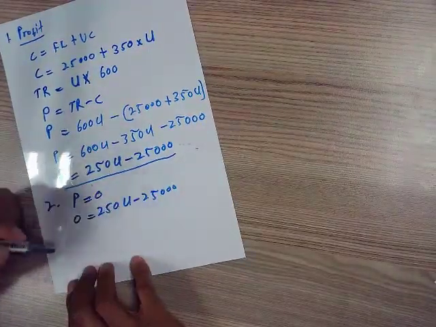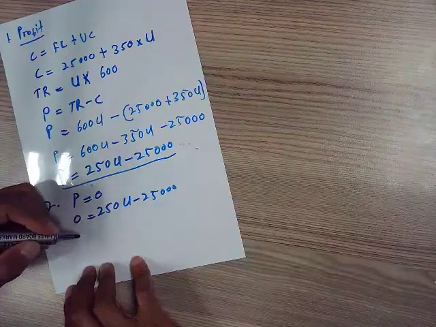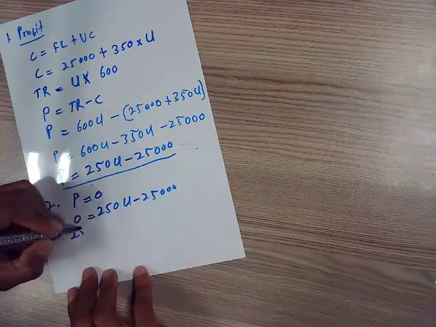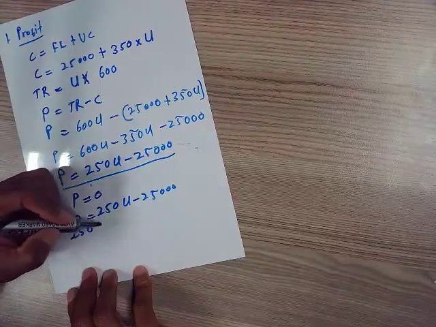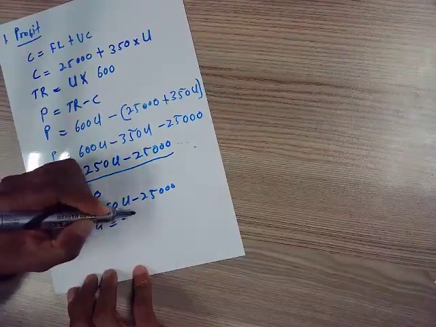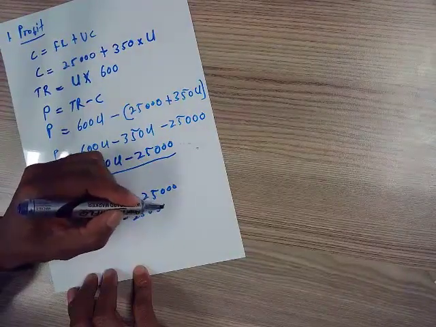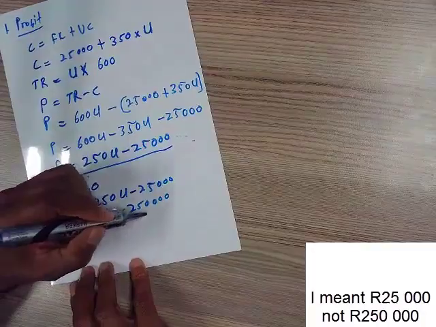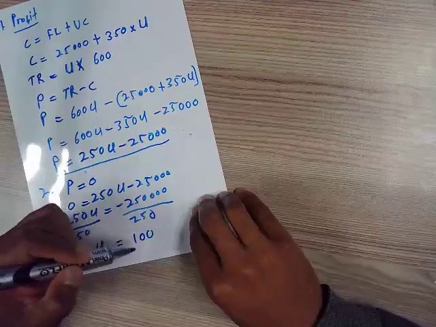So I'm going to solve for U. I'm going to bring 25,000 this side, and divide both sides by 250. So U is equal to 100 units.